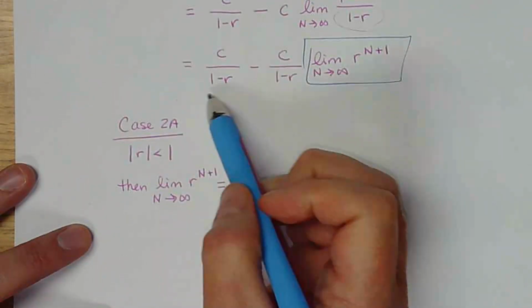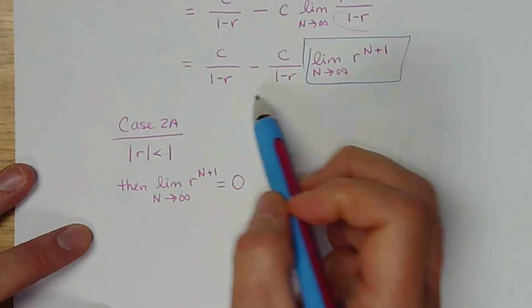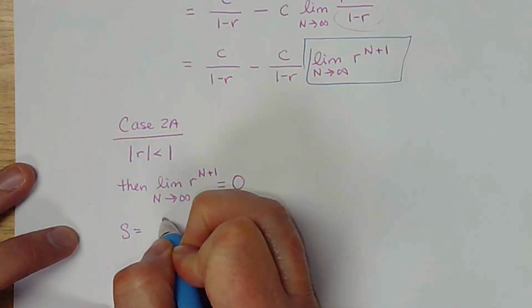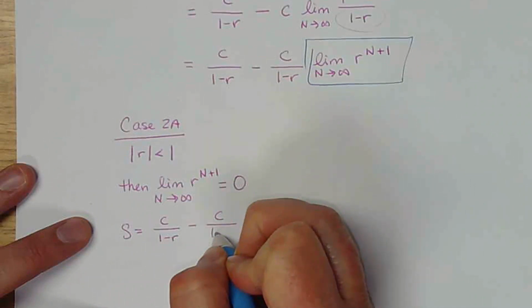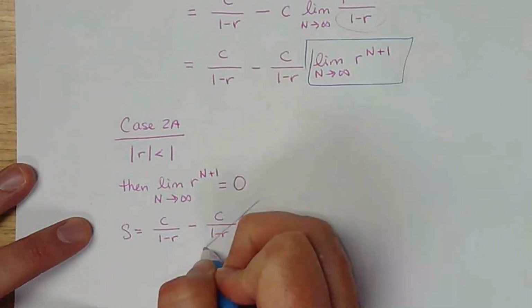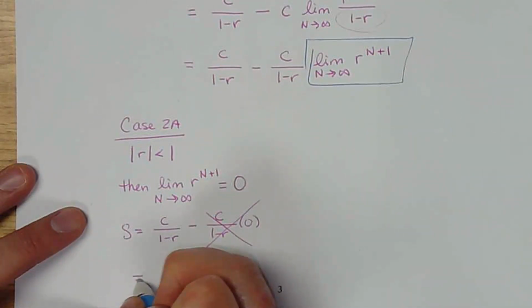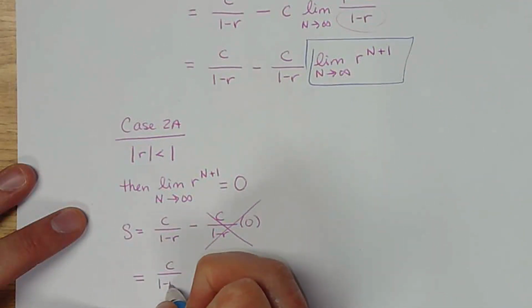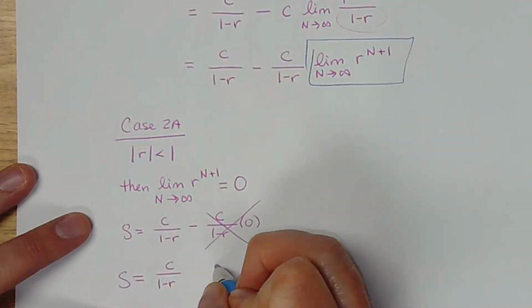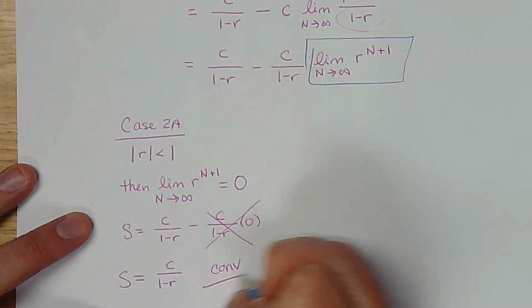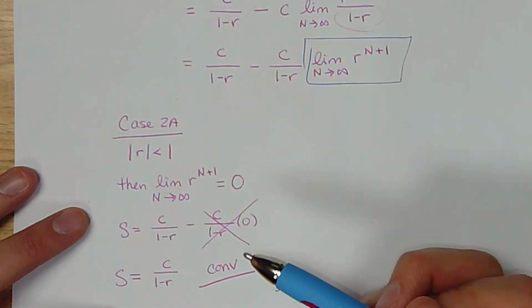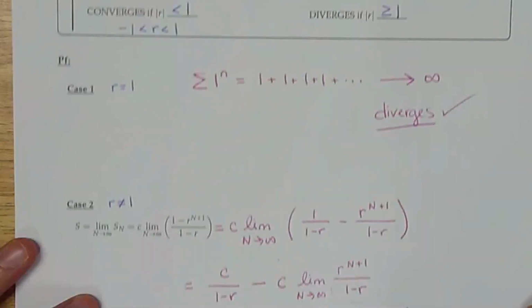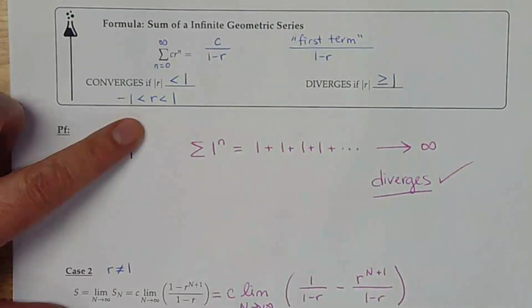That means that S, I'm going to plug 0 in for this limit, S is going to be equal to c over 1 minus r minus c over 1 minus r times 0. That second term goes away, and I get that S is equal to c over 1 minus r, which means that it will converge if the absolute value of r is less than 1. That matches the definition that I gave you up here, so that's a good sign.